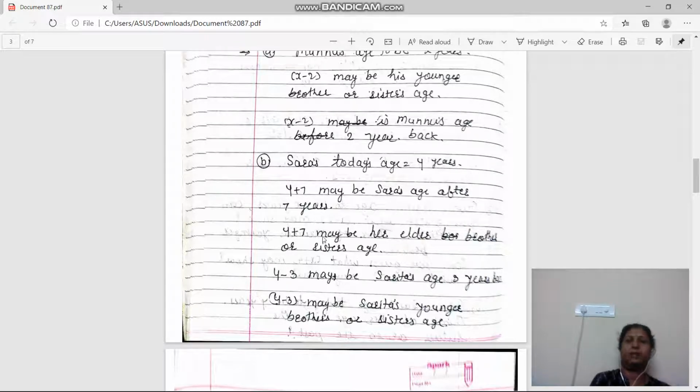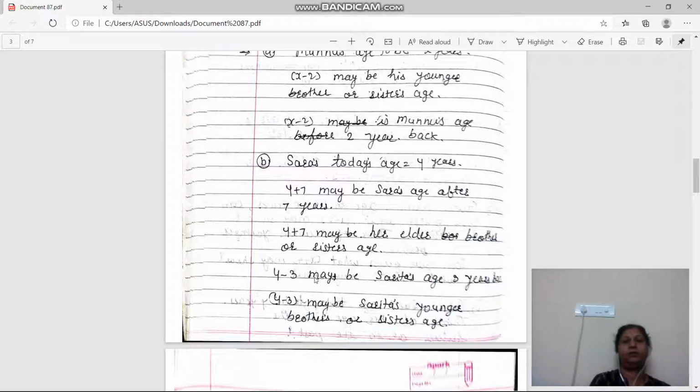Now this option is not possible because in the question it has told us that you have to only consider her before and after age. Don't consider her elder brother or sister's age. So this option, please tick it. It was not selected, so cross it.